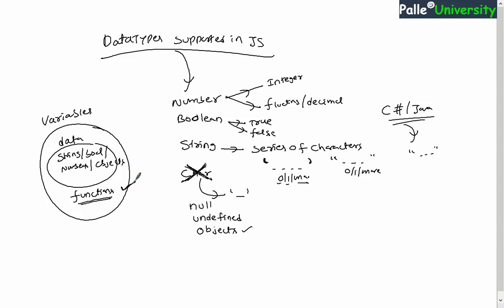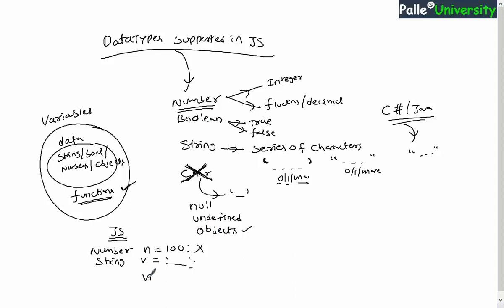And apart from all these things, remember JavaScript will not allow us to create variables by using actual data types. I said number is an actual data type. You cannot declare a variable something like this: Number n equals 100. It is not possible. You will get an error, right? Similarly, you cannot declare a variable by using string. Not only that, you cannot declare a boolean variable, you cannot directly declare an object type variable or something else.